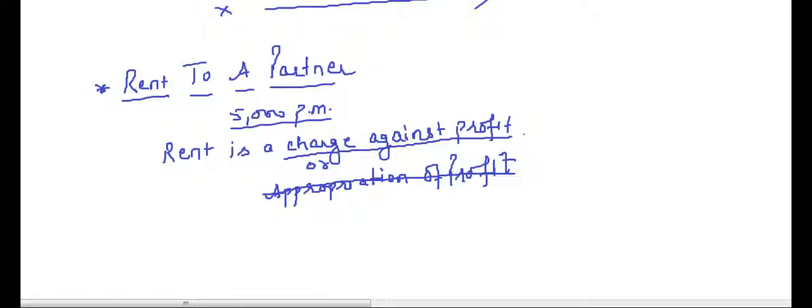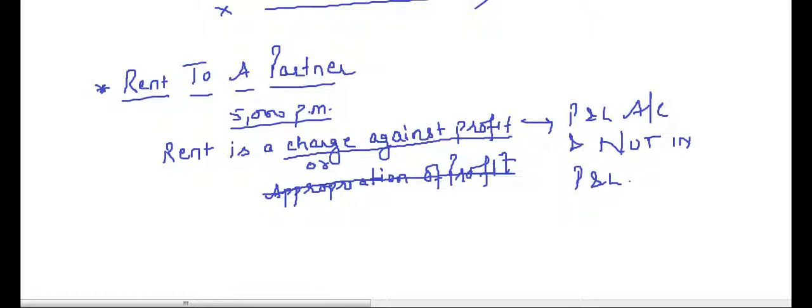Now because it is a charge against profit, it will appear in the profit and loss account and not in the P&L appropriation account. Very important, keep this in mind: if anything is a charge against profit, we have to charge it in the profit and loss account and not in the profit and loss appropriation account.